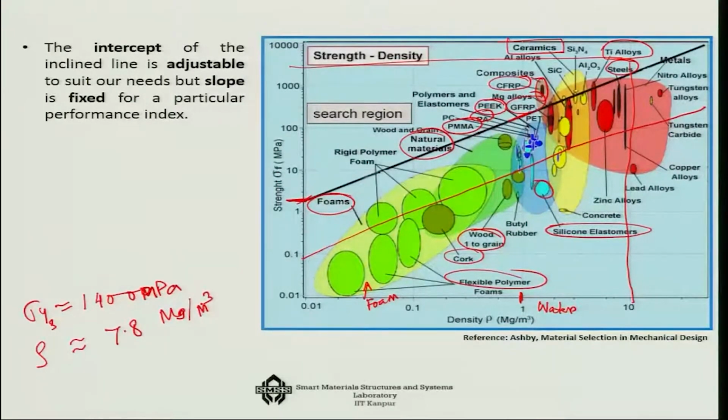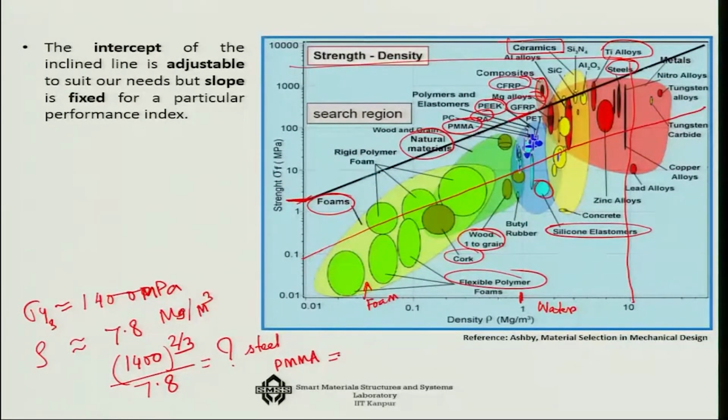So, basically we can use this relationship, 1400 to the power 2/3 divided by 7.8, and you can see what value you are getting out of it. Similarly, you can calculate this for some of the other cases like PMMA. So, this is for steel, you can check it.